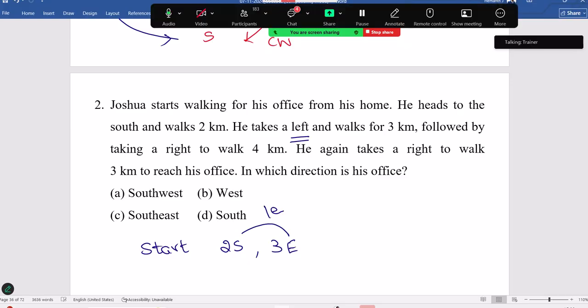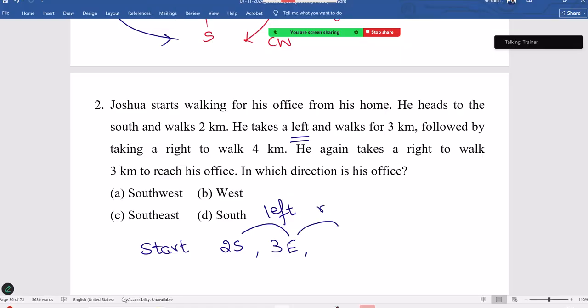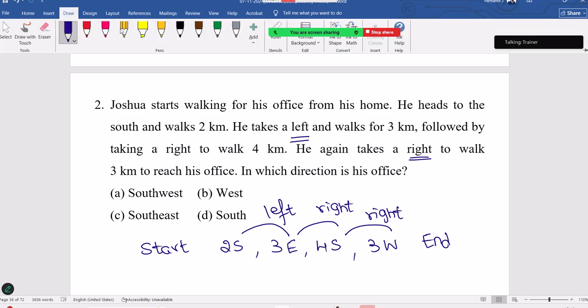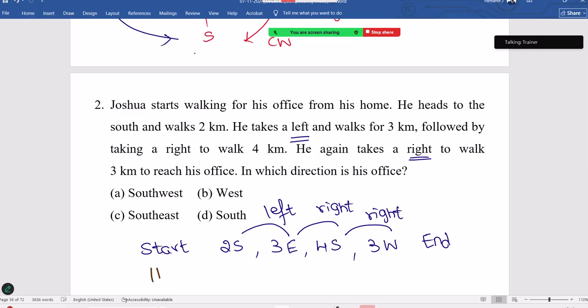Then right direction, from east you have to go clockwise, south will come. So 4 kilometers south. Then again right direction from south, clockwise, we will get west direction. So now the journey ends. We started from home and reach the office.